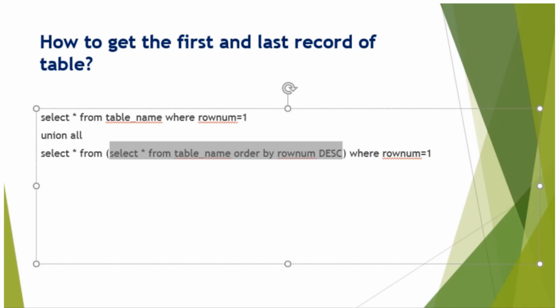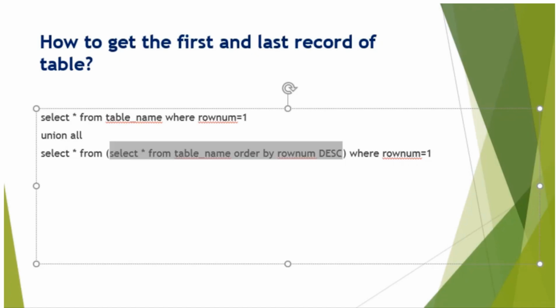If I have 20 records, the last record will be displayed first, the second last record will be displayed as the second record, and the third last record as the third record, because we are just reversing the order.